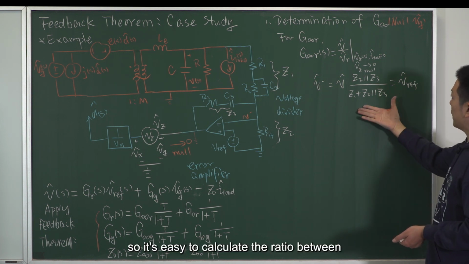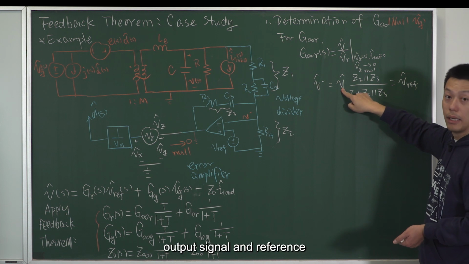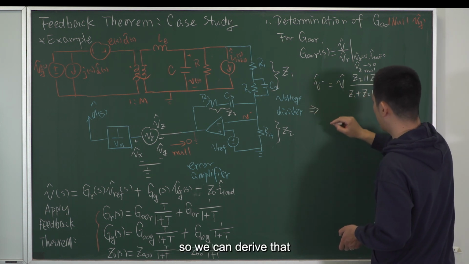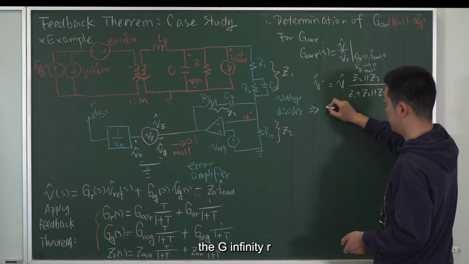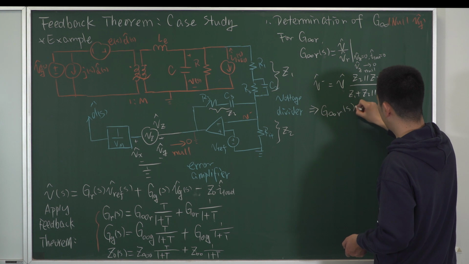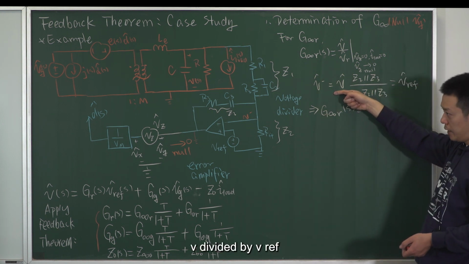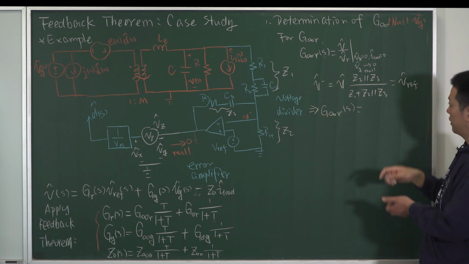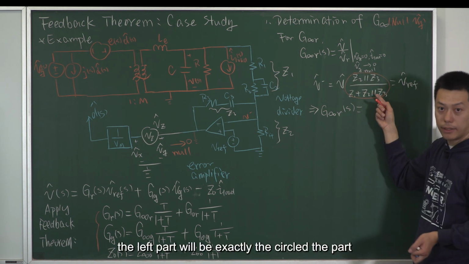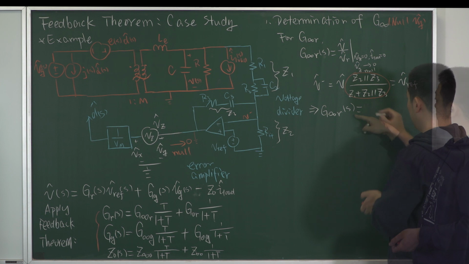So it's easy to calculate the ratio between output signal and the reference. We can derive that G infinity R equals V divided by Vref. The left part will be exactly the circled part.